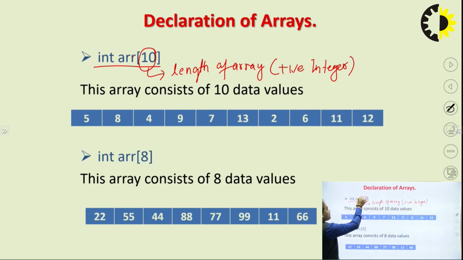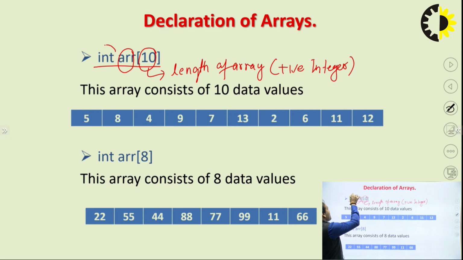This is the name of the array, which is arr. This is user defined. We can take any name, which may be arr, ra, rb, whatever you want to take. We can take any name according to the user's choice.